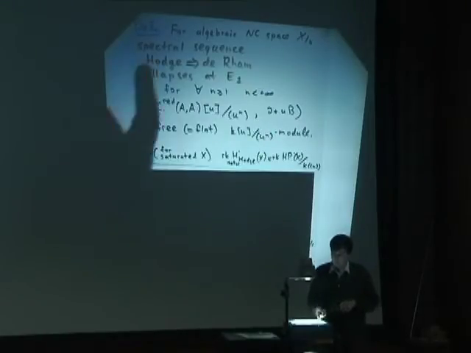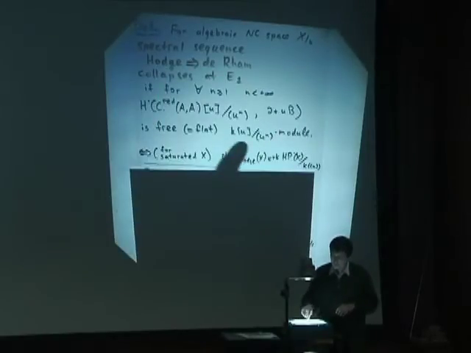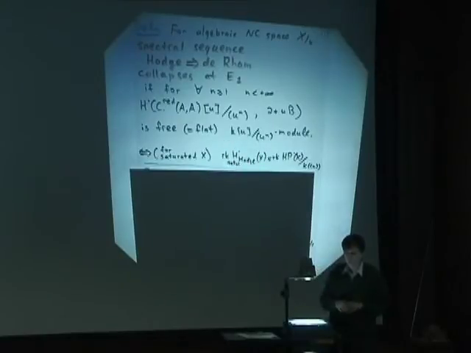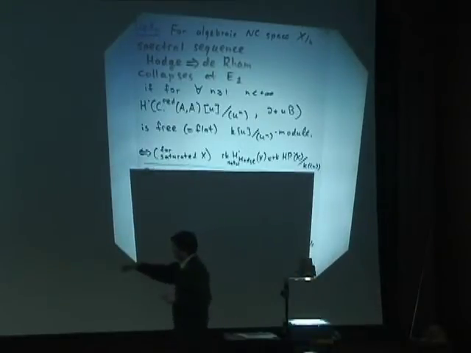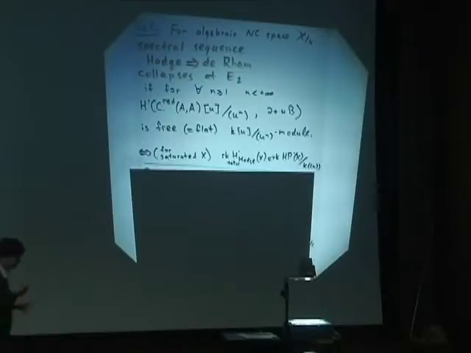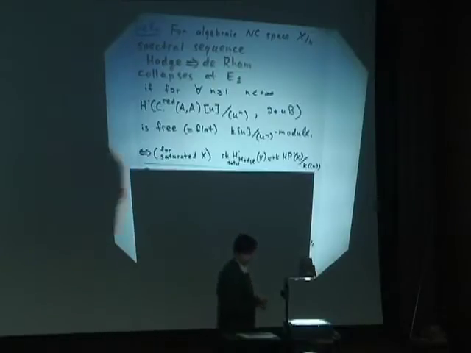And this property means that it's a free module, or flat module, over truncated polynomials. It has no torsion in the cohomology of the complex. And for saturated X, it's obvious that it means that in this inequality you get equality. So the rank of de Rham cohomology is equal to the rank of Hodge cohomology.